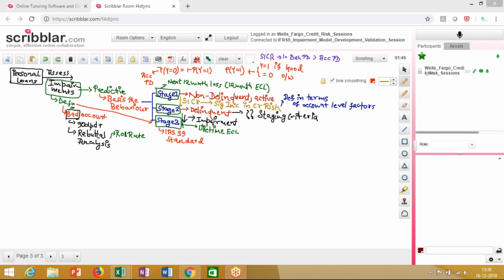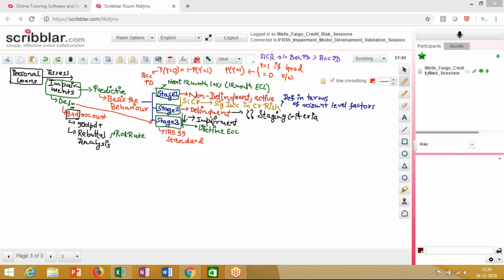So basically, say there were accounts which were acquired on the books of the bank in Jan 2016, right? Now at the end of Feb, the bank will run and see what the stage compositions are, as on 28th Feb.